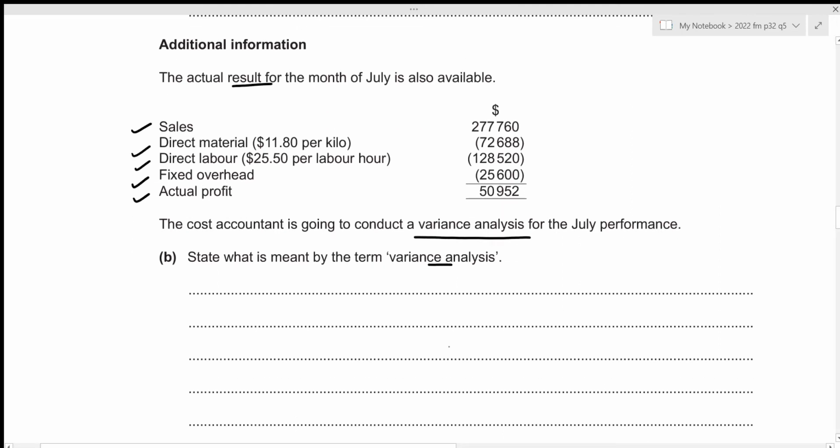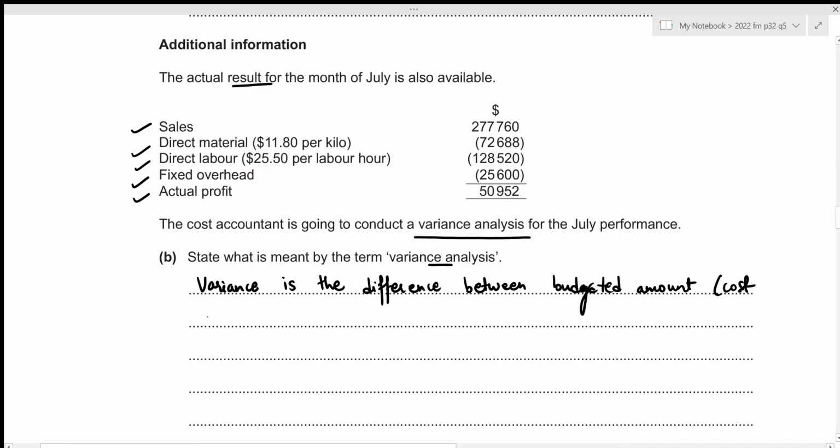Let's write it down. Variance is the difference between budgeted amount, whether it be cost or revenue, and the actual amount.